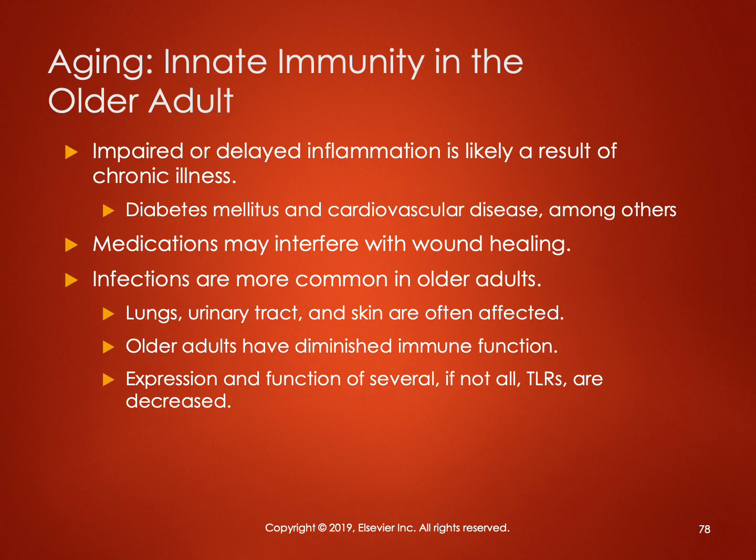It is also important that we look at the special population of the older adult and what their innate immunity looks like. Oftentimes in this population, we will see either impaired or delayed inflammation as a result of not only chronic diseases that these patients may have, but also polypharmacy, the multiple medications they may be taking that may reduce their ability to heal.